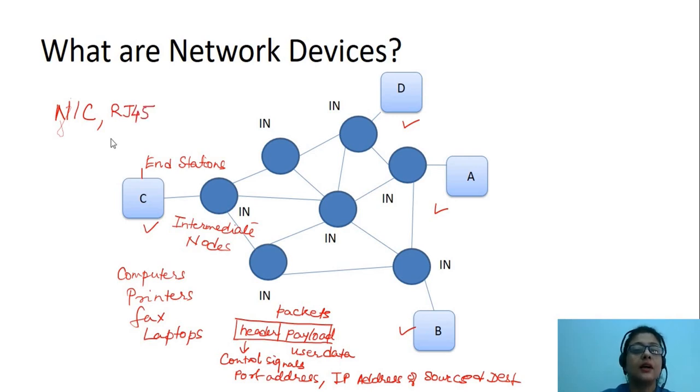So these are parts of the system. Other network devices are not directly connected to the computers or the entities, but rather they are part of the whole networking and they aid in the fast delivery of data.